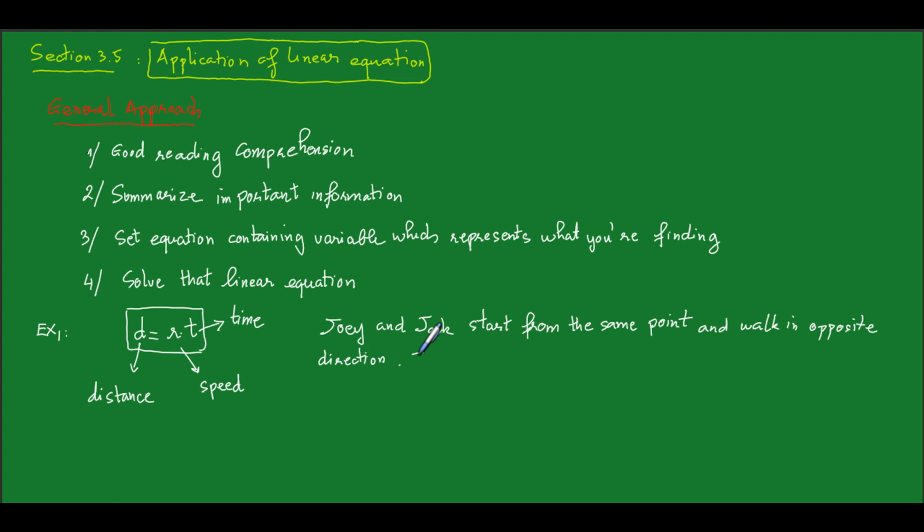Joy walks 2 kilometers, 2 miles, or let's use miles per hour, 2 miles per hour faster than Jack.